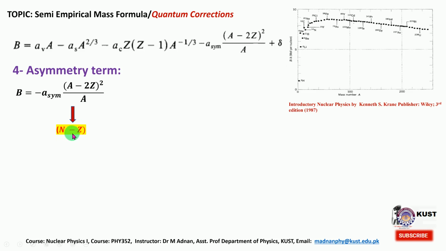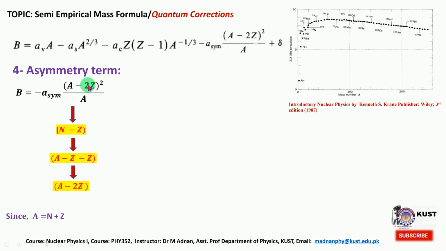Now this difference is the same as A minus 2Z. Since we know that A, the nucleon number, is equal to the sum of the neutron and proton numbers, from here one can change N to A minus Z, and then this can be conveniently written in this form, that is A minus 2Z.